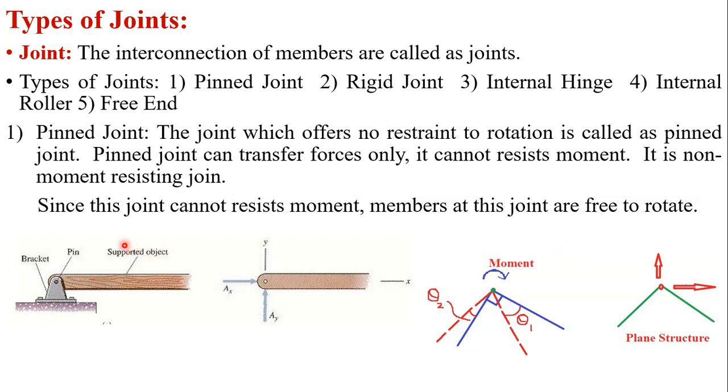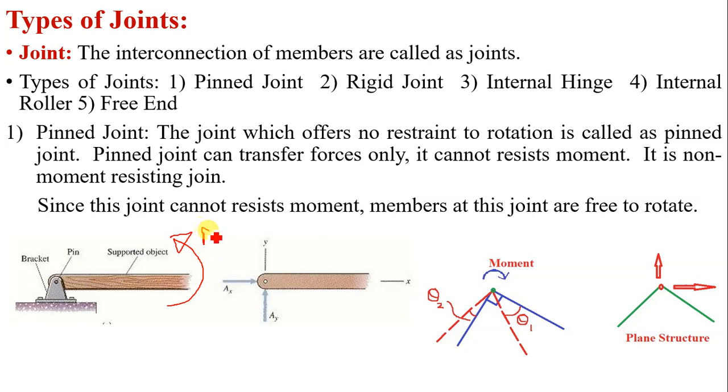Now here, this is a pin joint. And this is a bracket, a pin is inserted, and this is the supporting object or member. Now see, if you apply a moment to this end, this is an anti-clockwise moment.